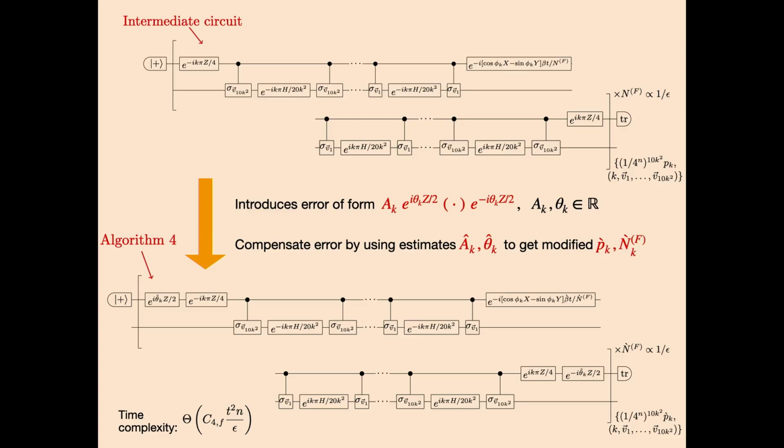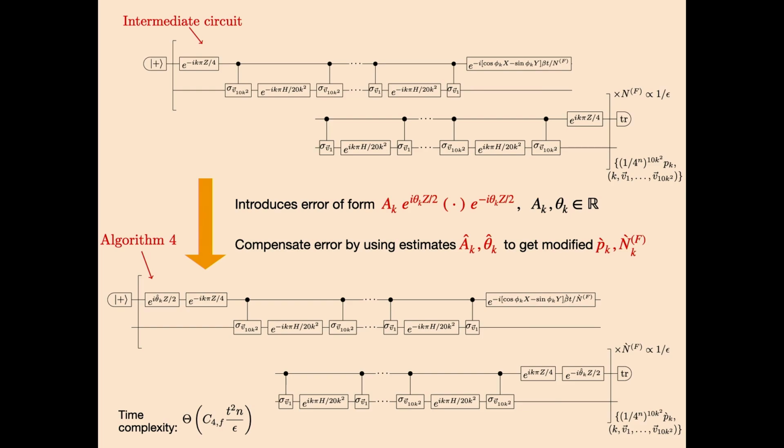Okay, and so what we can do is run the kth iteration of the circuit many times, and use robust phase estimation to obtain an estimate for those error parameters ak and theta k. And then we use those estimates to slightly modify the probability distributions and the final iteration number, which we call p accent k and n accent fk.